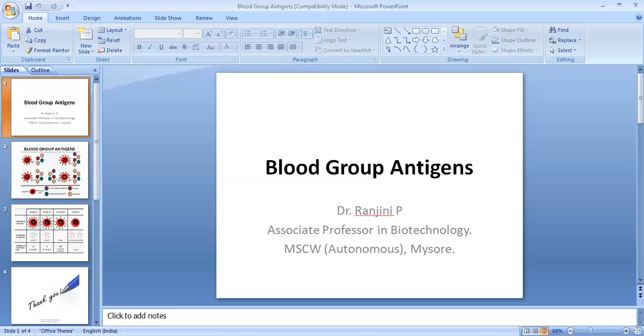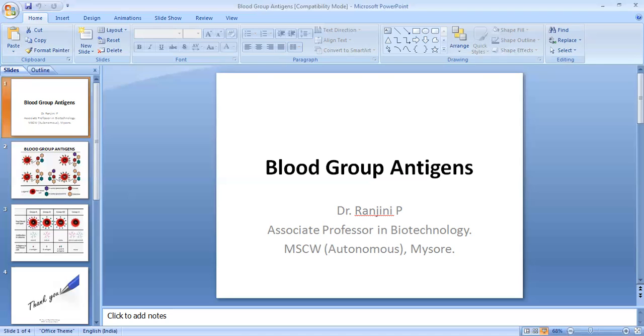In addition to this, the Rh antigen plays an important role in blood transfusion. Human RBCs carry an antigen called Rh antigen that shows structural similarity with the rhesus monkey antigen.